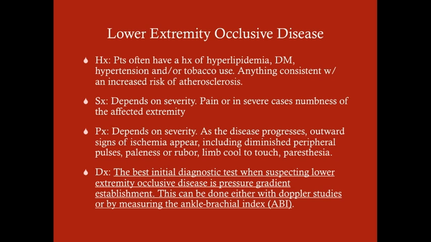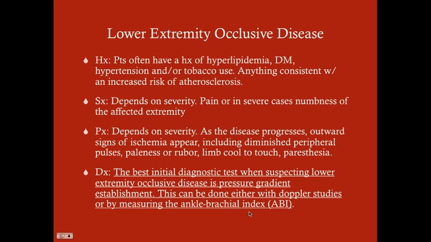So whenever we see patients with these symptoms, where we're thinking lower extremity vascular disease, the best initial test is getting pressure gradients. And the pressure gradients can be obtained by directly measuring the pressures of the leg, or it can be done via Doppler studies. So classically, what you see is the ankle brachial index.